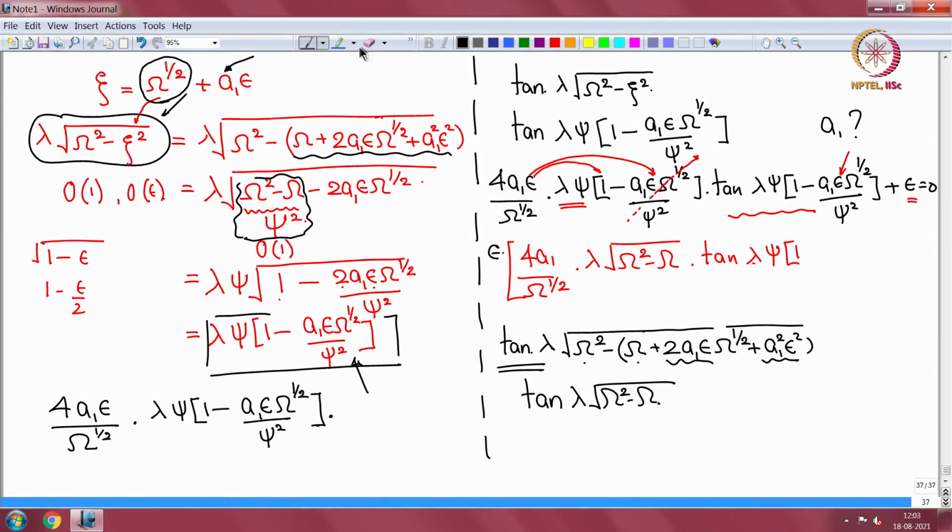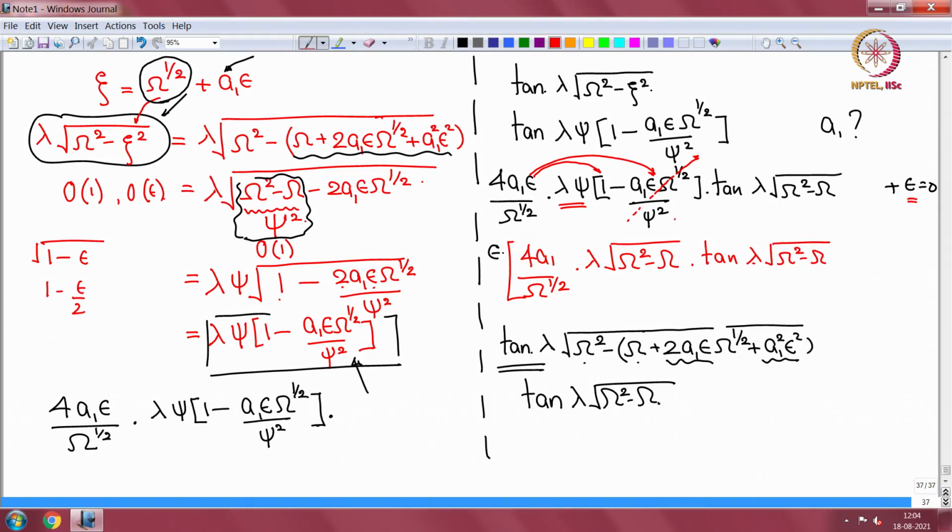So I will take this out, and in black write it as lambda square root of omega square minus omega. So here tan lambda square root of omega square minus omega, which is what happened here.